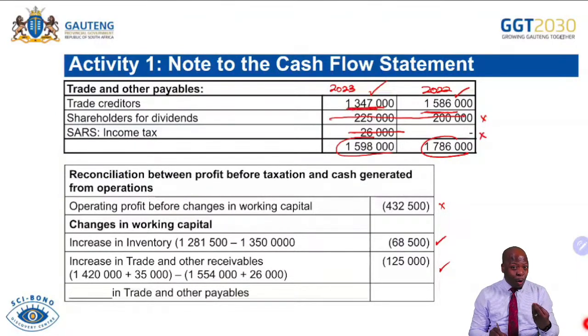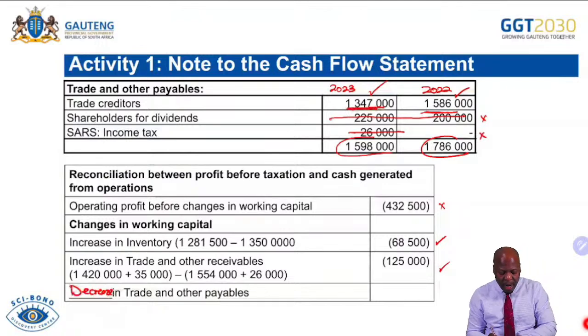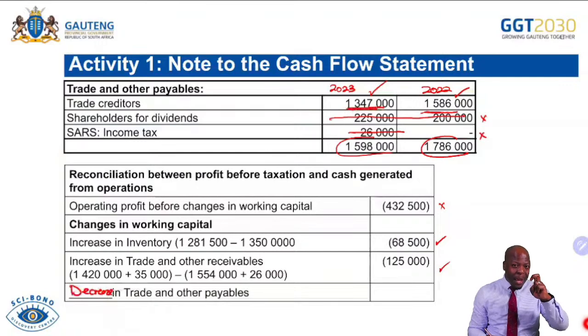Once it goes down, what do we call it? A decrease. So that means I'm coming here to say we have a decrease in trade and other payables. Remember with the first two, we had that calculator method, and we said once it's assets, what did I say? Once it is assets, it is previous minus current.